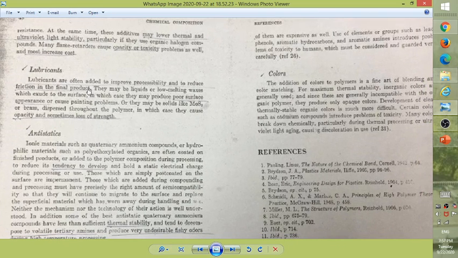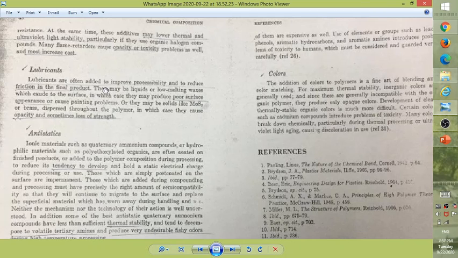Now lubricants. Lubricants are often added to improve processability and to reduce friction in the final product. They may be liquids or low melting waxes, which extrude to the surface, in which case they may produce poor surface appearance and cause painting problems. As I said, in external lubricant, they extrude to the surface, means they come out to the surface and form a layer which separates the metal from the polymer, and there is less friction.